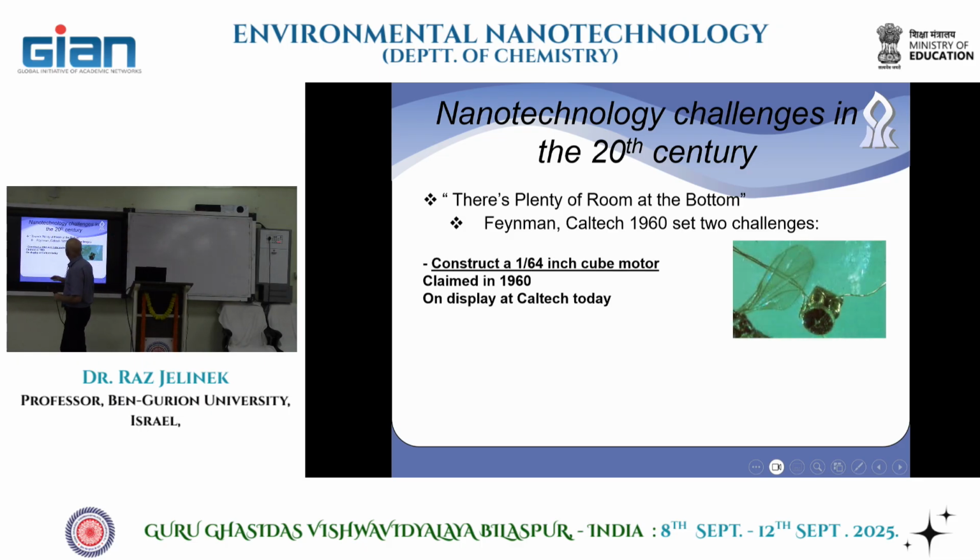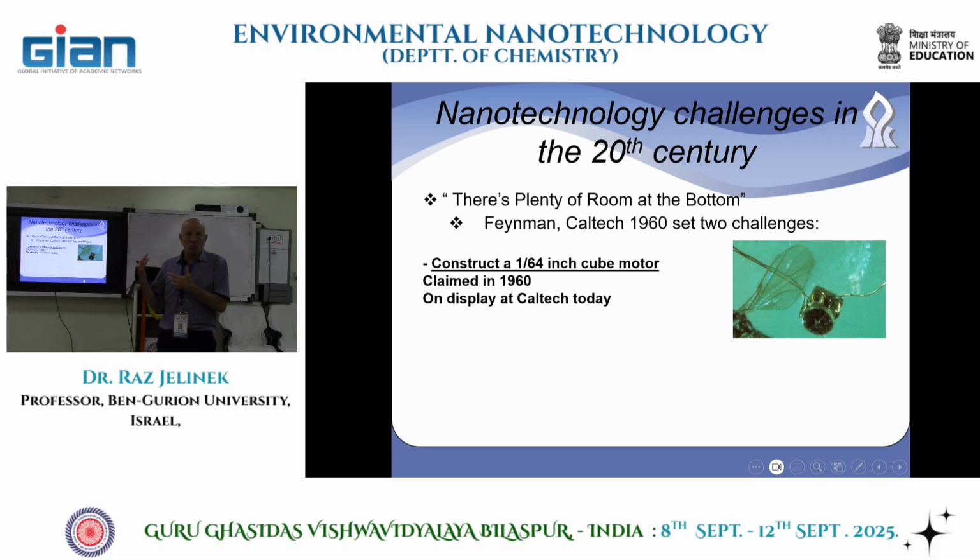The first challenge that Richard Feynman wrote in his book was, if it will be possible to build a motor that will be so small, 1/64 of an inch. This is like 10 micron motor. Very, very small.